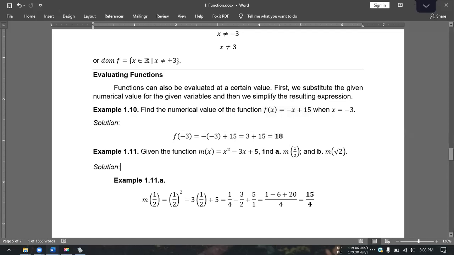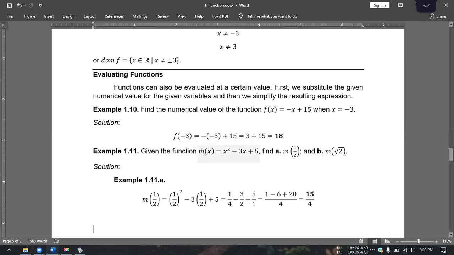Example number 1.11, or second example in our evaluation of function. Given the function m of x equals x squared minus 3x plus 5, find m of 1/2 and m of square root of 2.